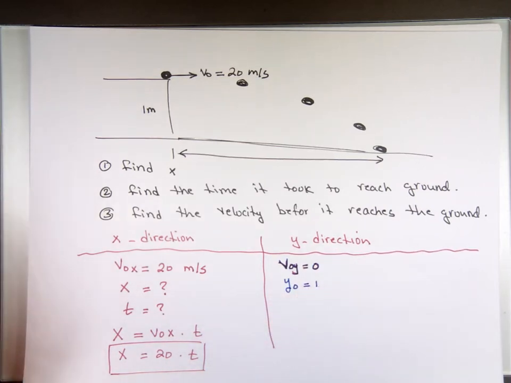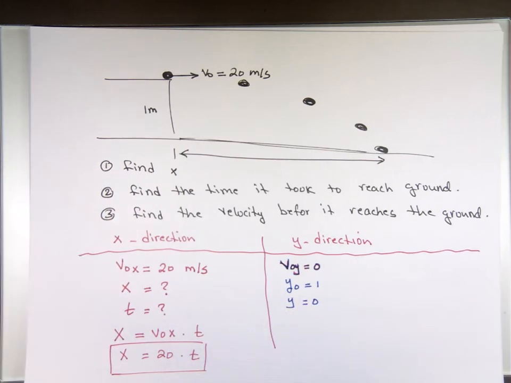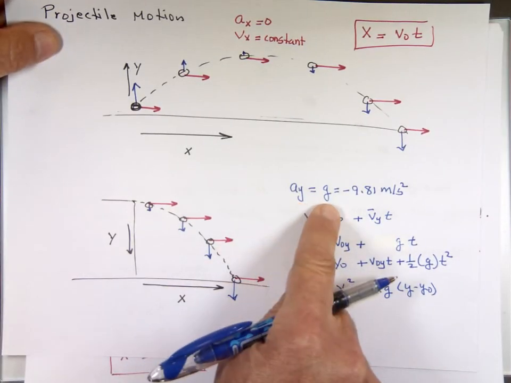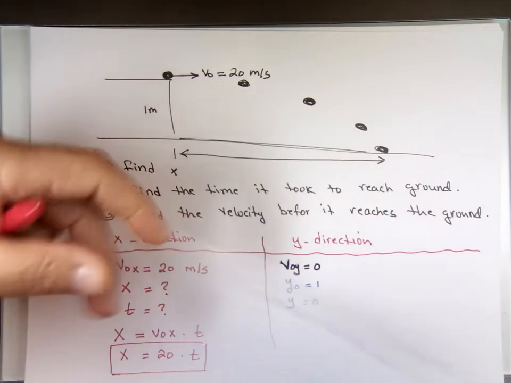What about the final height when it touches the ground? 0. We know the final height. Do we know the acceleration once the ball leaves that table? In the y direction, the acceleration is always what? Negative 9.8, gravity. So you know the acceleration.